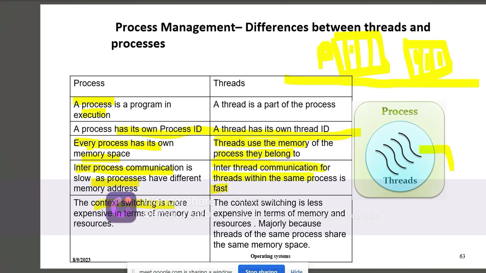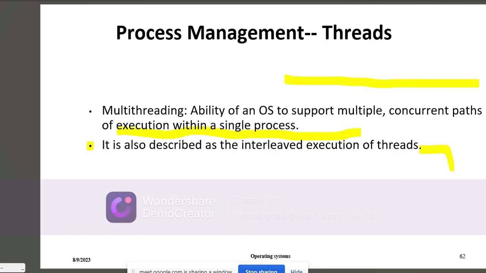Context switching is expensive in terms of IPC, but for threads it is not expensive in terms of memory and resources, because threads can easily communicate with each other and share the address space of the process. So this is the difference between process and thread.